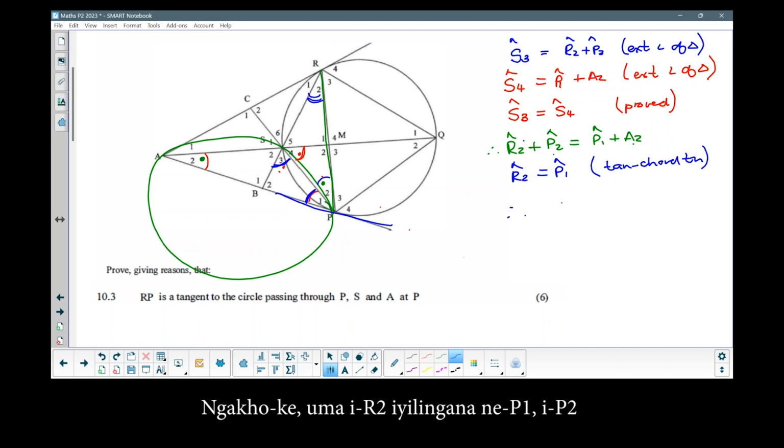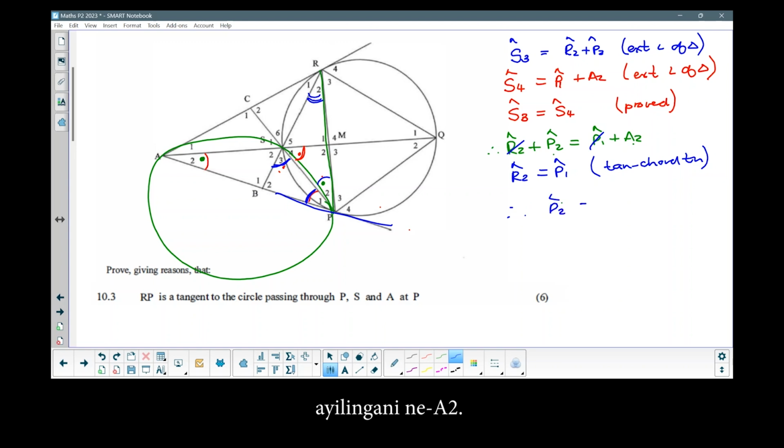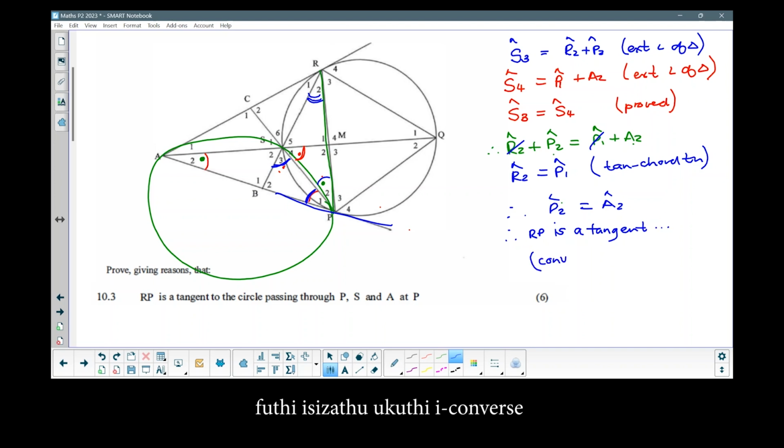Therefore, if R2 is equal to P1, P2 is now equal to A2. Therefore, RP is a tangent, and the reason is the converse of the tan chord theorem.